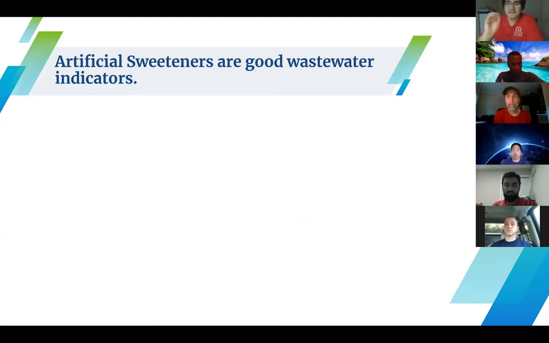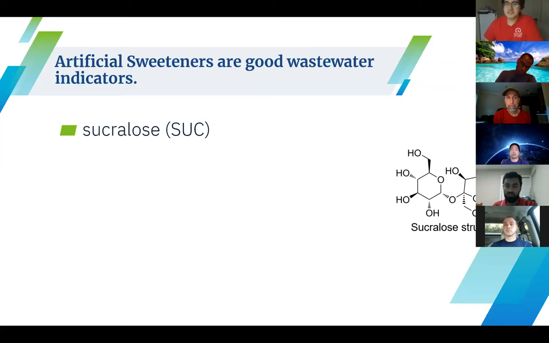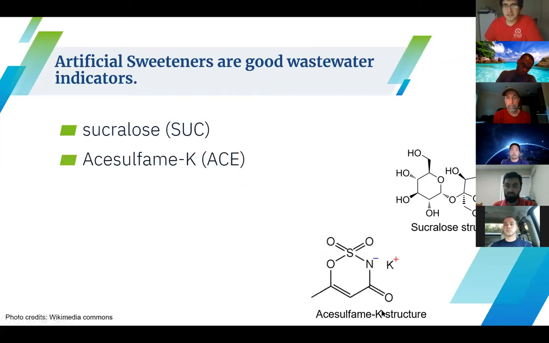There are 5 artificial sweeteners in circulation in the United States, but the 2 that the lab I was working with focused on are sucralose, which is this compound right here, and acesulfame K. The reason that these compounds provide no caloric intake is because they are metabolically inactive.